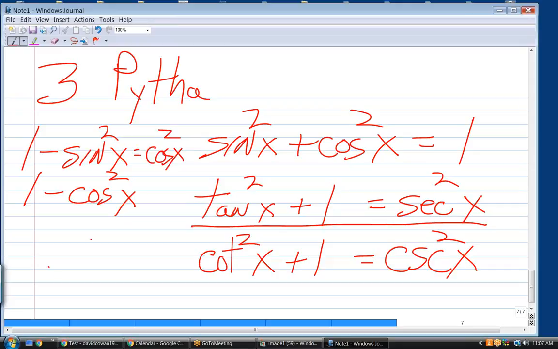Cosine squared, yeah. And 1 minus cosine squared? Equal to sine squared. Right. So again, you're more likely to see 1 minus than you are to see this. Right.